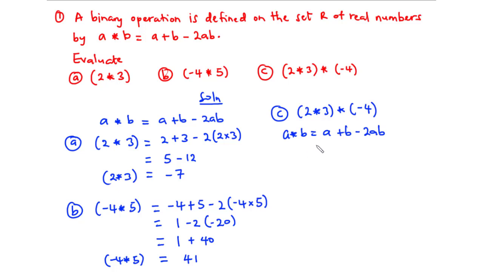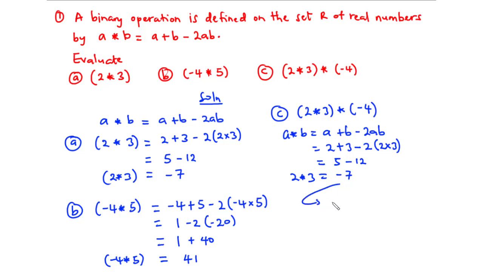So that's going to be 2 plus 3 minus 2 into bracket 2 times 3. So 2 plus 3 is 5. 2 times 3 is 6, times negative 2 is negative 12. So this is negative 7. That is 2 star 3.